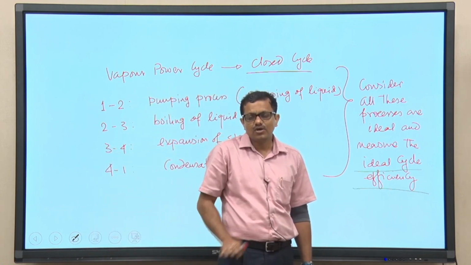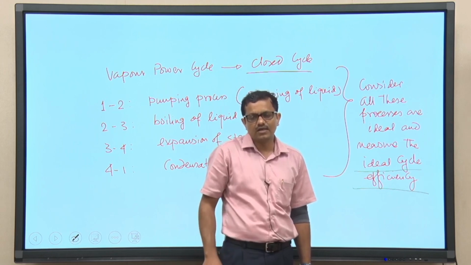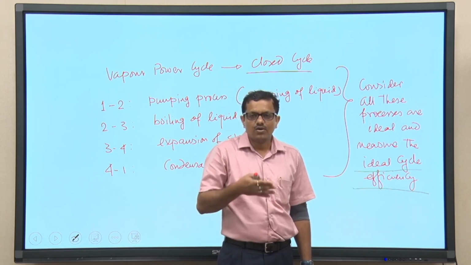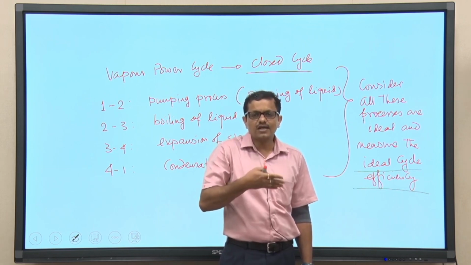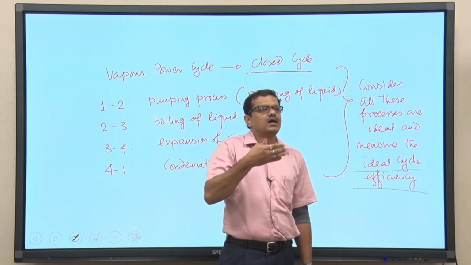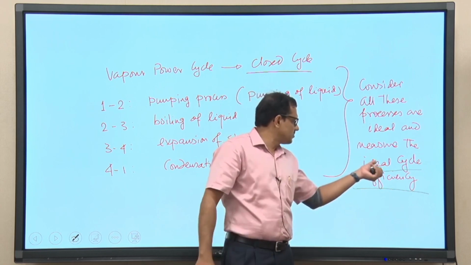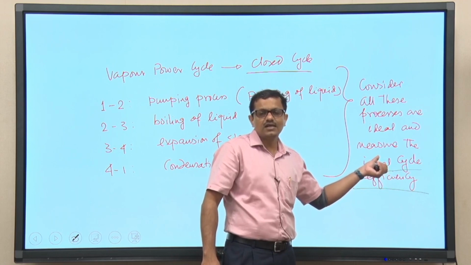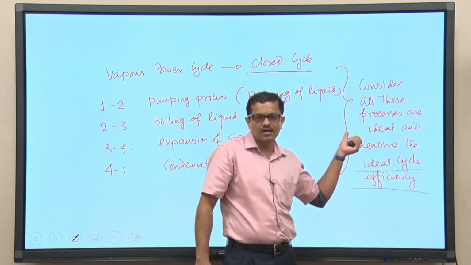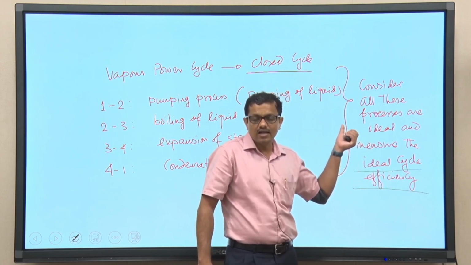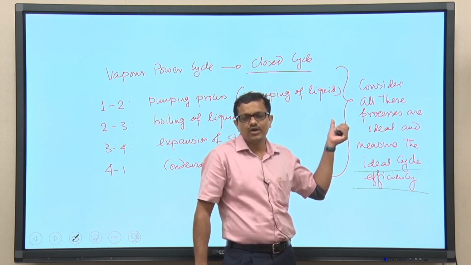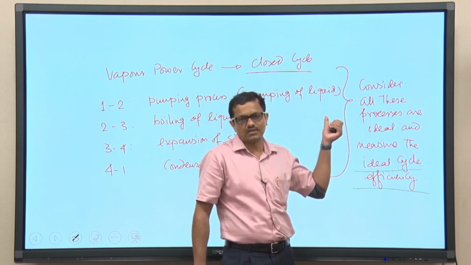Rather, I can tell you no process in reality is an ideal process. So, instead of considering the concept of the ideal process, we must consider that all these processes are not ideal because irreversibility is there. So, what we need to do? We need to consider the actual process.